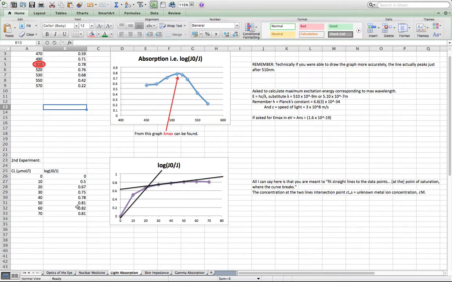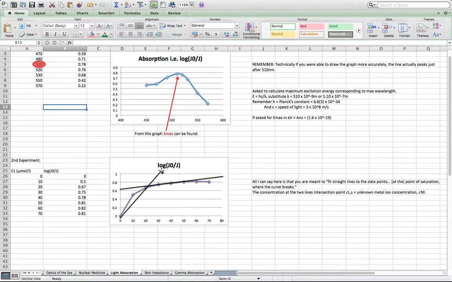And here you're meant to determine the unknown metal ion concentration from the graph. And to do this, I quote from the file, you have to draw two straight lines across the curve at the point of saturation. So this is where the curve begins to level off around here.